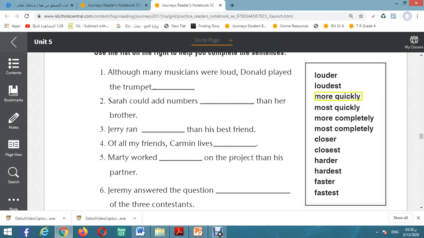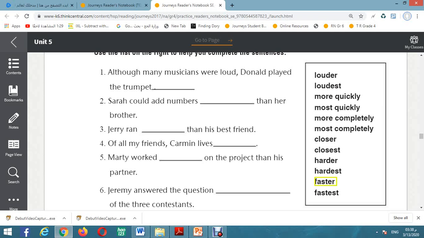Now number three, Jerry ran with than his best friend. So we have than, so it's comparative. Faster. Jerry ran faster than his best friend.